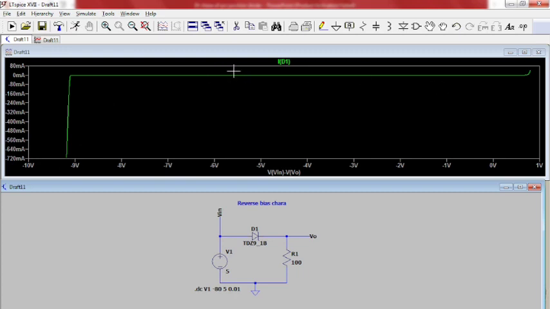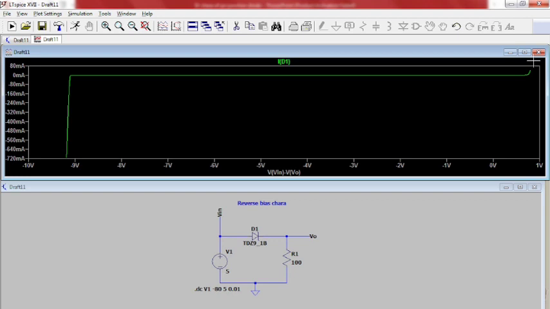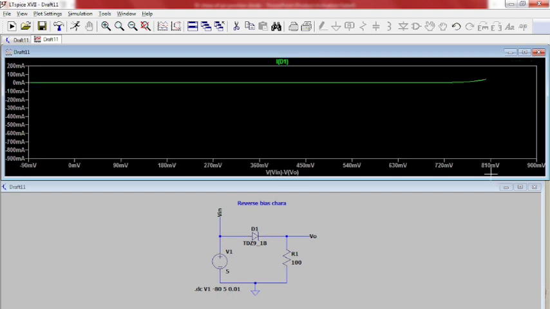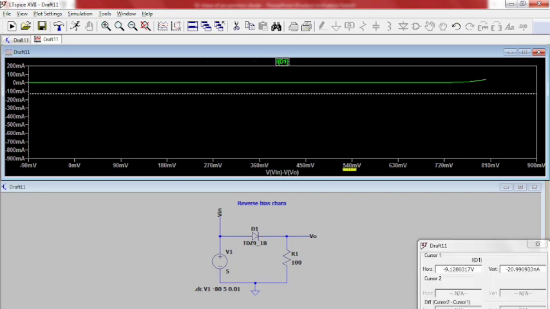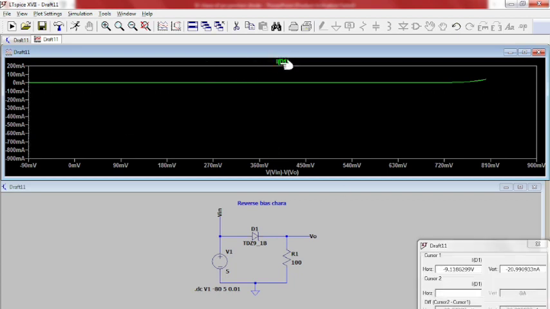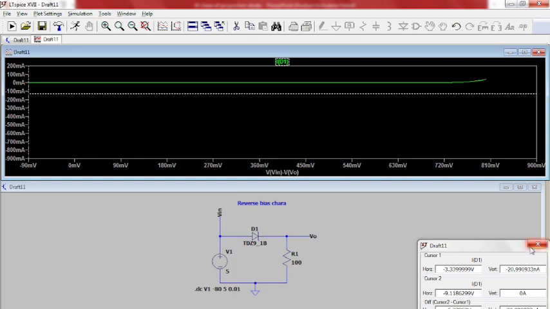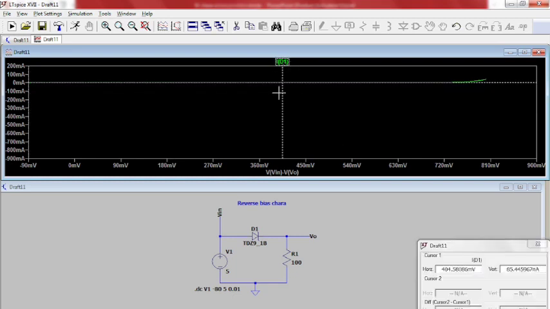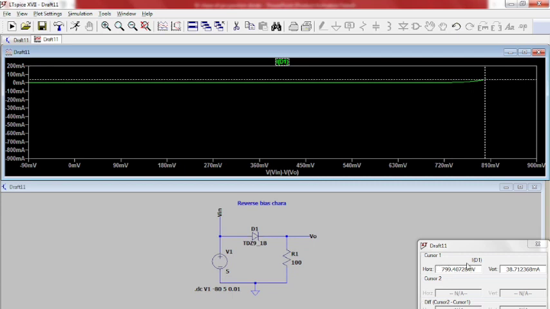It is the VI characteristics of the general diode. It also has a cut-in voltage. Forward conduction happens at a maximum of 0.7 volt.